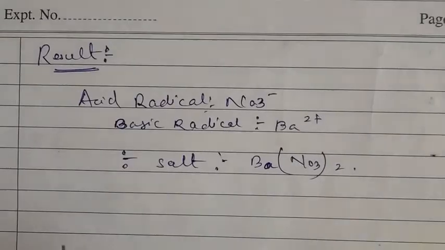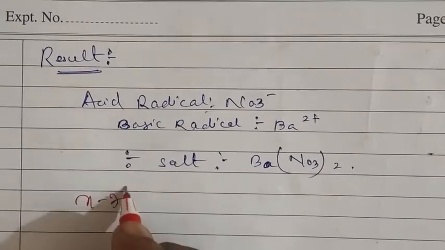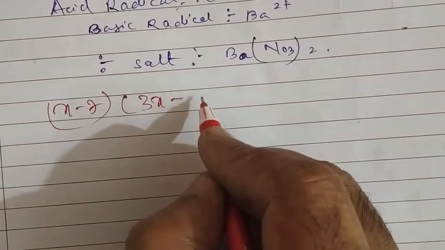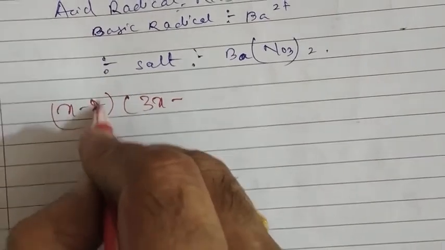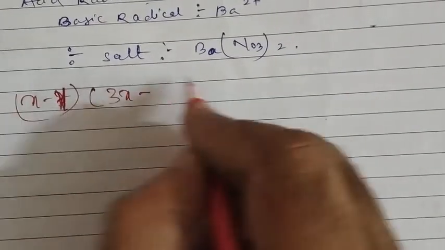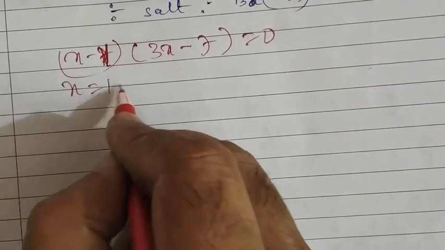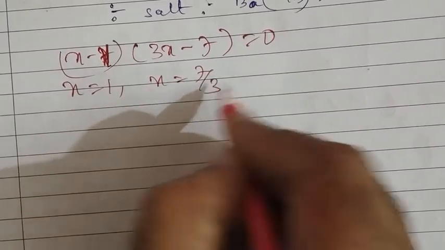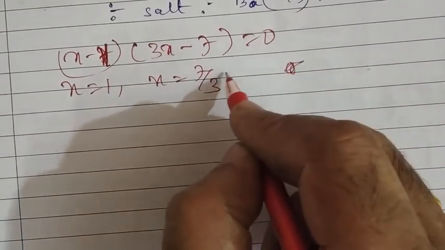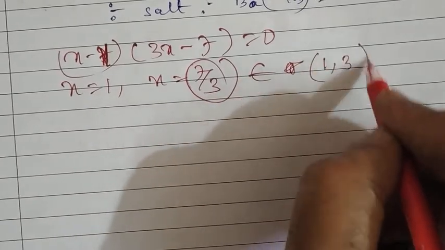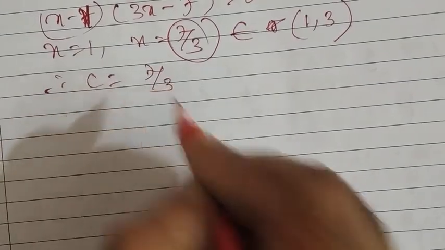So x is 1 and x is 7 by 3. Out of these, only this 7 by 3 belongs to 1 and 3. Therefore, C equal to 7 by 3.